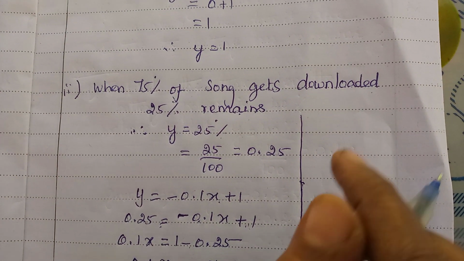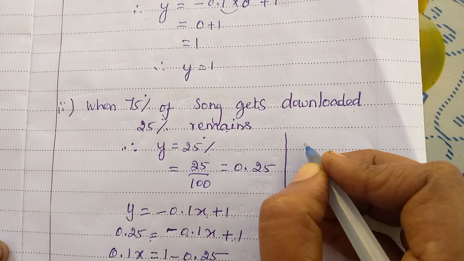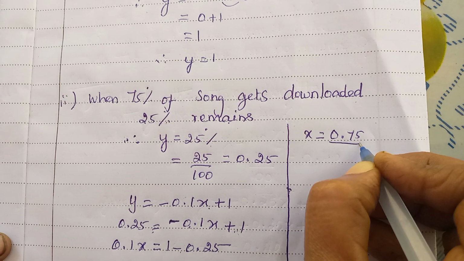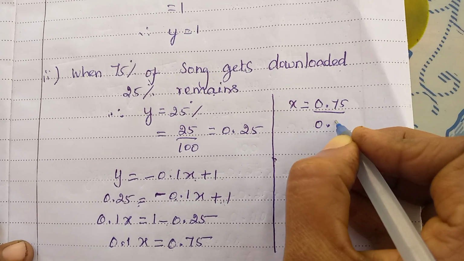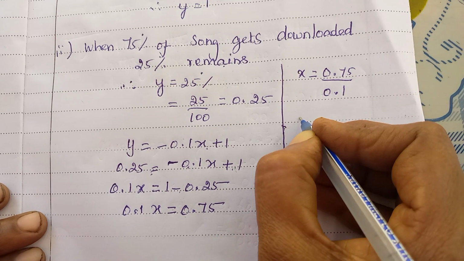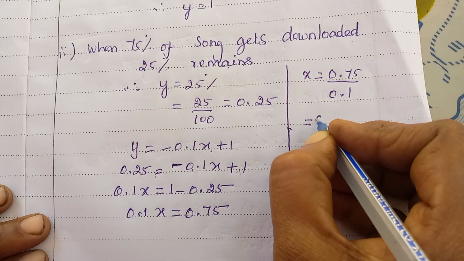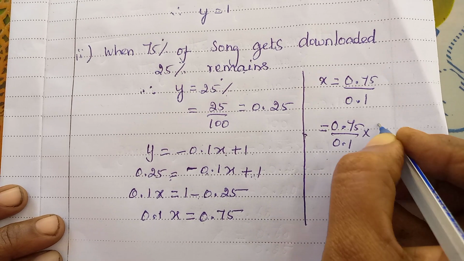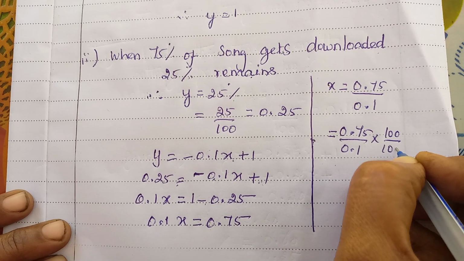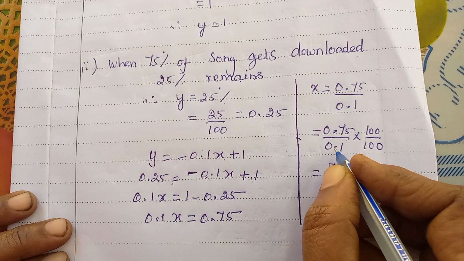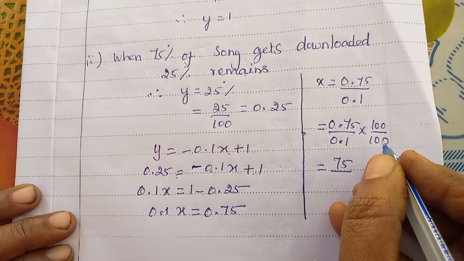Therefore we get x is equal to 0.75 divided by 0.1. To cancel the decimal up and down, let us multiply by 100. So 0.75 divided by 0.1, into 100 by 100. We get 75 divided by 10, since 0.1 into 100 is 10.